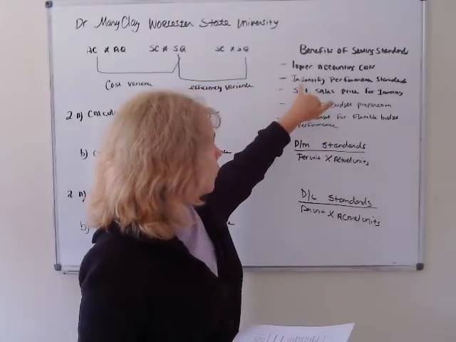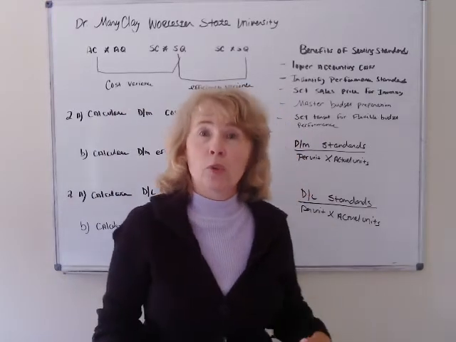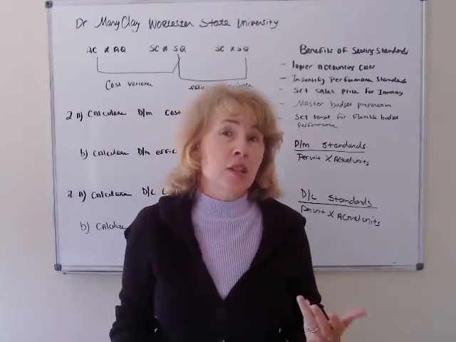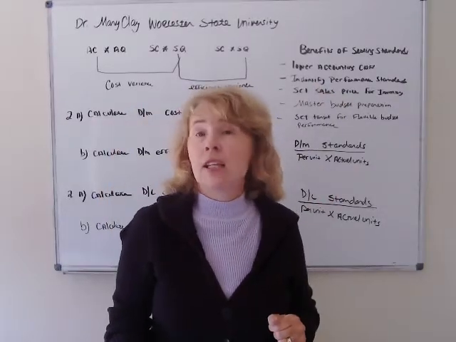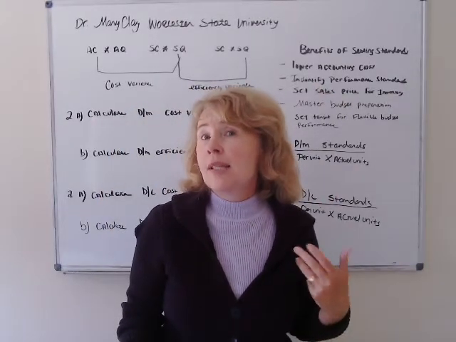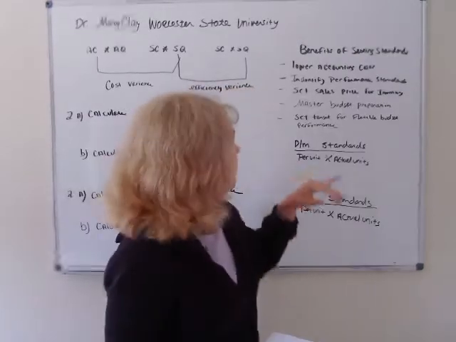Another way that it's going to help is to identify performance standards. Managers are going to look and make decisions off of those performance standards. Are they efficient with materials? Are they hiring the right people?